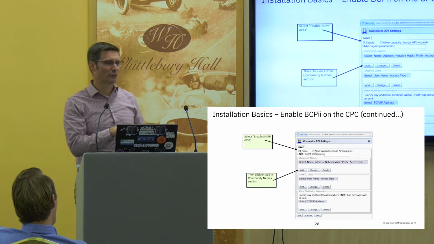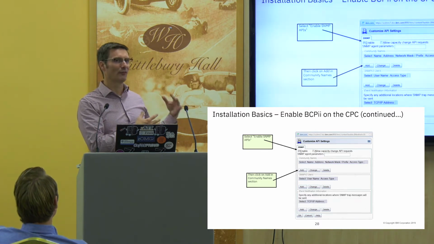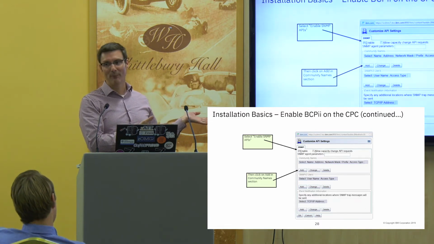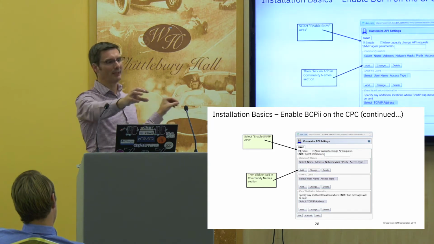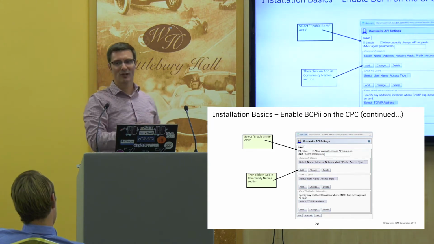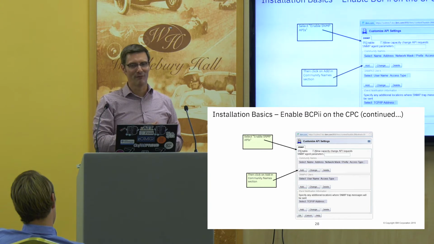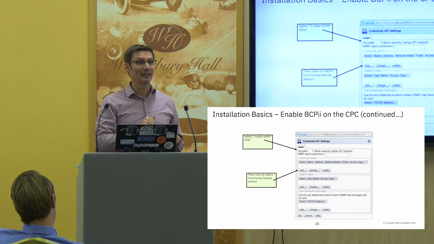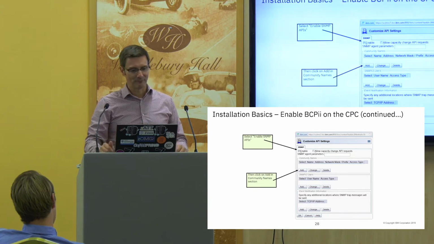That's part of what the BCPii address space does: it converts a simple API request into this very complicated SNMP string, which has all kinds of very difficult to read stuff, but something that the SE can consume.